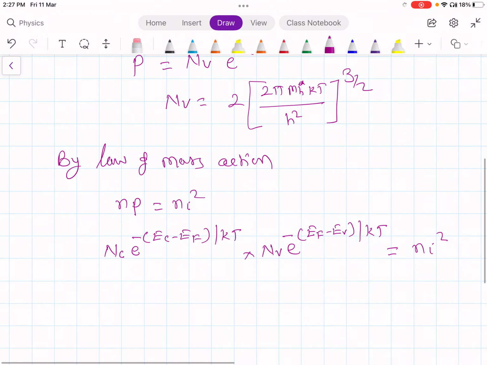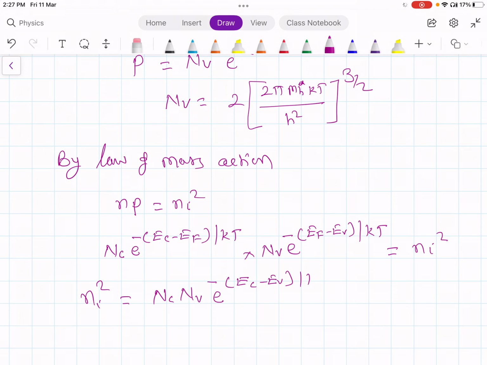Let us simplify this. Ni square is equal to Nc into Nv into e raised to minus of Ec minus Ev upon kT.